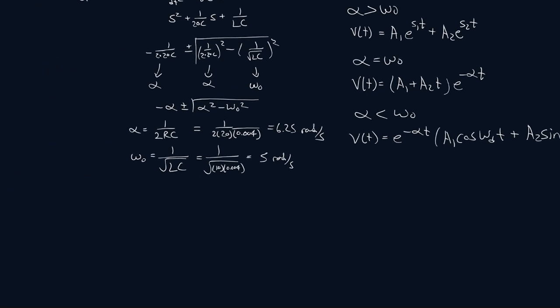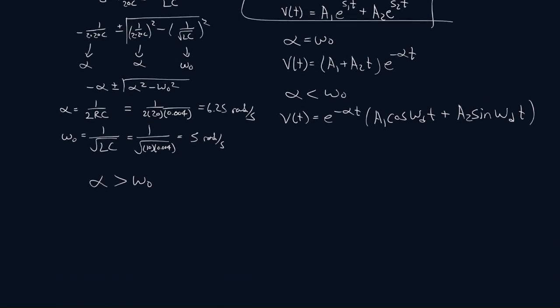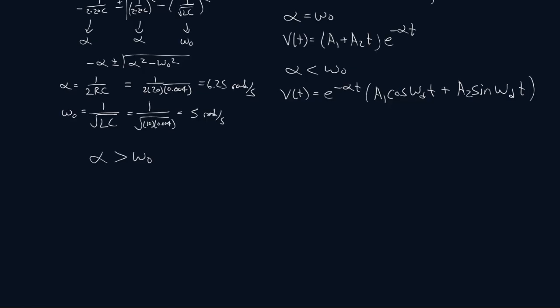Now we're going to see which one we should be using. So we see our alpha is greater than our omega. So that means we're going to be using this one. So let's find our roots. Our S1 and S2 is going to be equal to minus 6.25 plus minus the square root of 6.25 squared minus 5 squared.